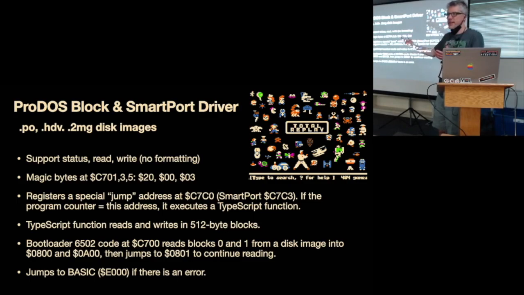Turns out that it's actually incredibly fast to do that because you already have the entire file in memory. And the way the Apple works is it always asks for ProDOS blocks in 512-byte blocks. And so you just give it 512 bytes all at once. So it turns out to be way faster in an emulator than if you were actually on physical media, like a hard drive.